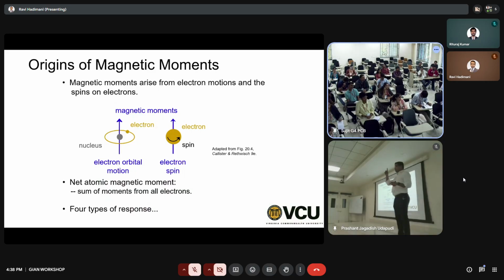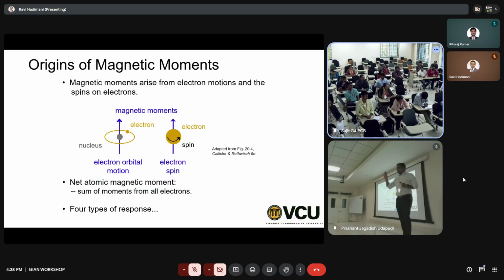When you write the electron configuration of your material, you will have some electrons with unpaired spins, and those will have high magnetic field. So you have to identify in the periodic table which elements have unpaired spins, because those will have more magnetic field. If they are paired, they cancel out, right?